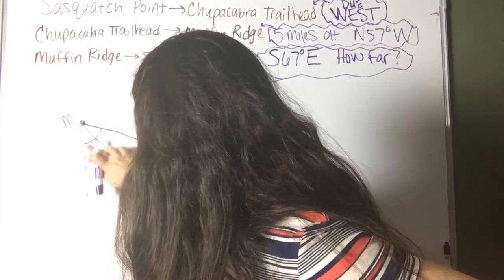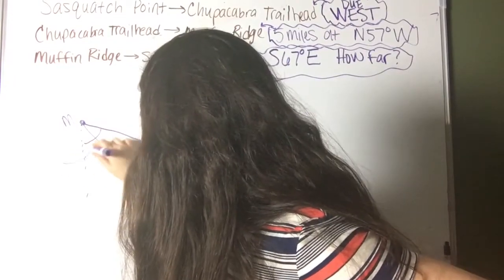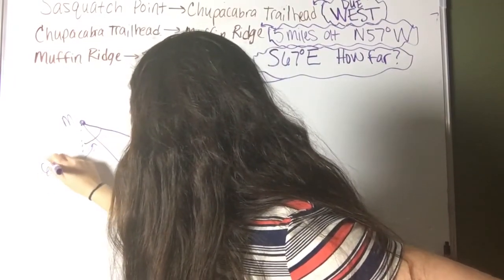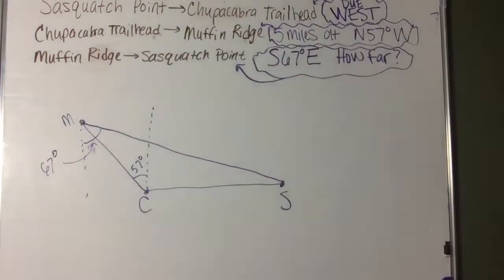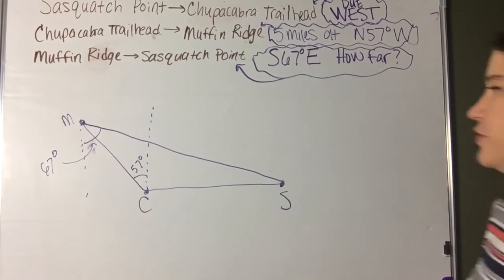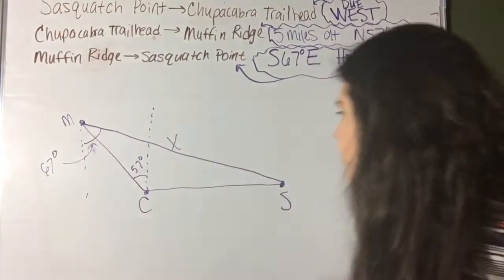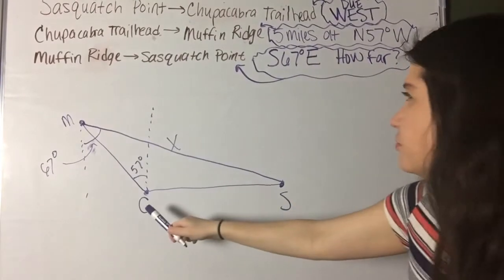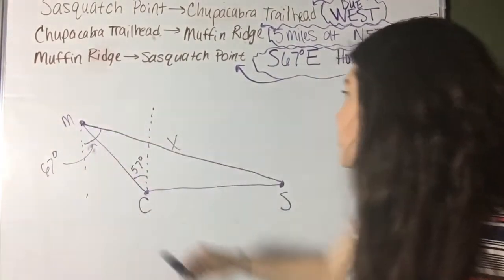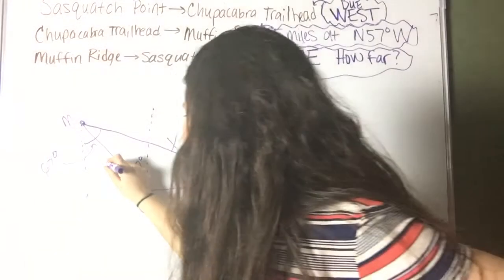So the entire angle here is 67 degrees. And we want to know how far she needs to walk to get from Muffin Ridge to Sasquatch Point. So this is X. And I forgot to put the 5 miles in. From Chupacabra to Muffin Ridge was 5 miles, so this is 5.